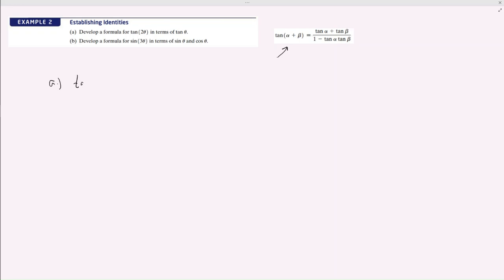So the tangent of 2 theta is like the tangent of theta plus theta. And we'll just plug it into our formula here. So theta is substituting for both alpha and beta here, so everything's theta.